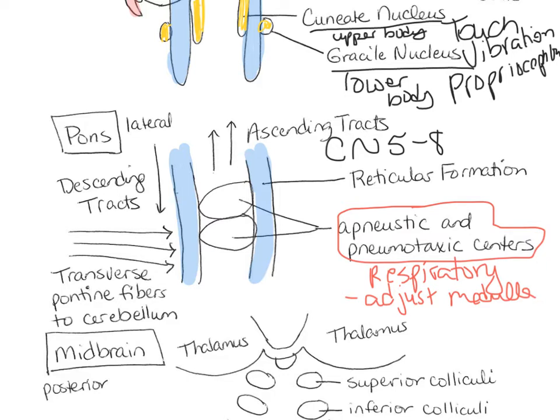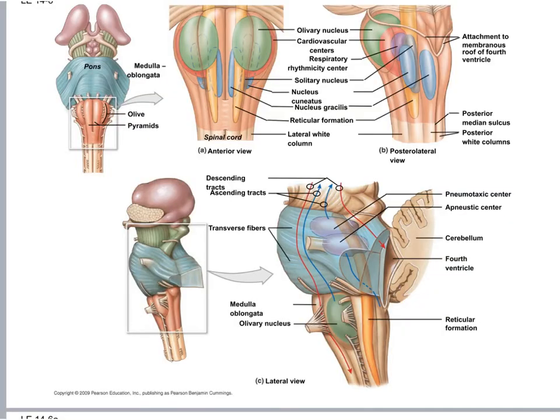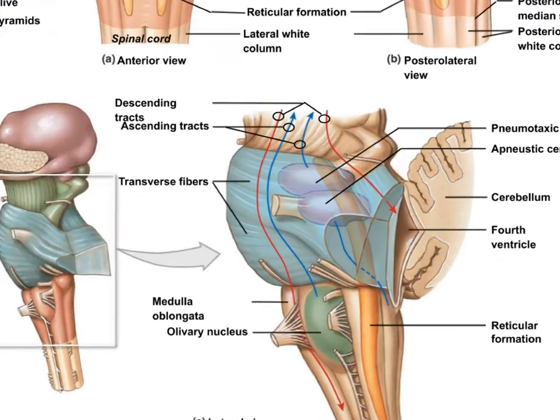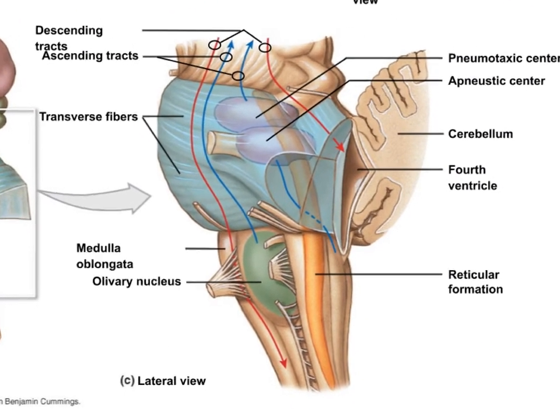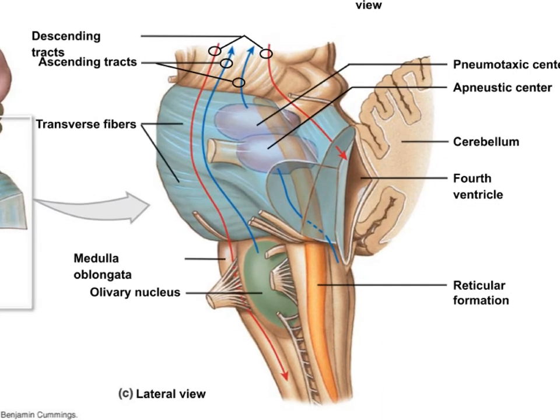So I want to go back and look at this other slide to show you what's going on there. This is going to be a little bit better here. Okay. So the cerebellum sits right behind the pons, right? If you remember, when I was talking about the fourth ventricle, I said the fourth ventricle sits right in between the pons and the cerebellum. So this is the pons, and this back here is the cerebellum.